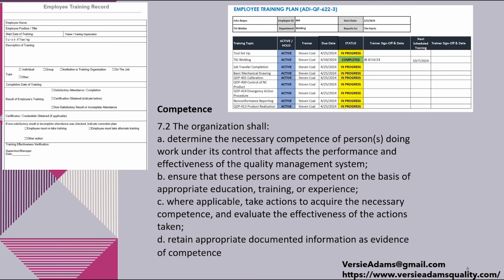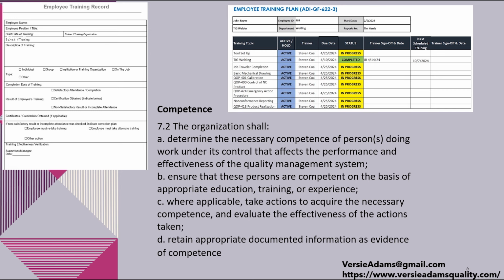because you don't just train someone once. You have to come back and retrain them to make sure that person has not developed some bad habits, and you want to verify that person is still performing the work the way it's stated in the specific document. Okay, so make sure that you are performing your training and you're documenting it on a training record.